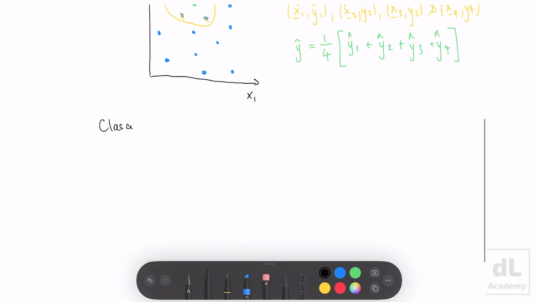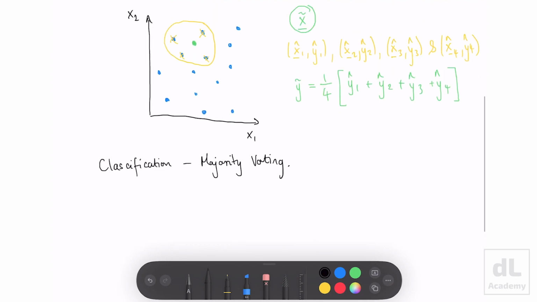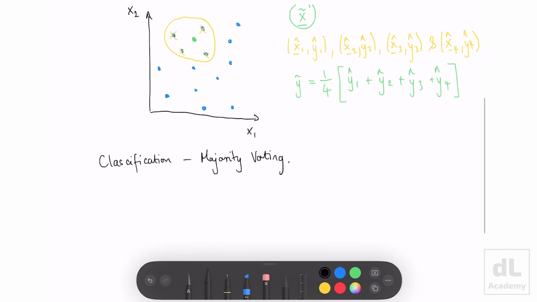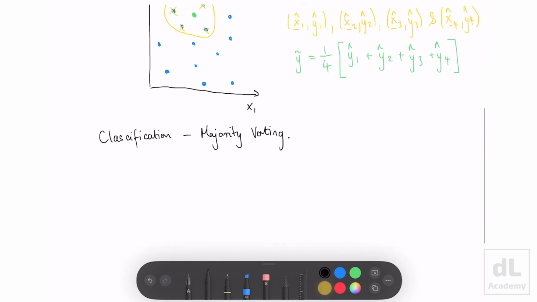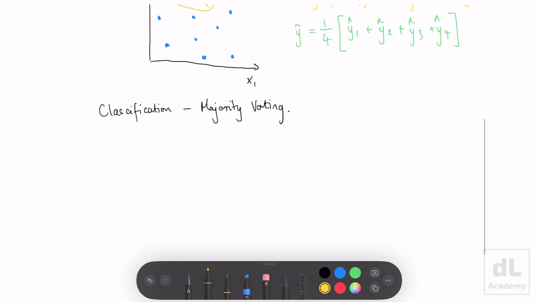So in classification, we don't do averaging, we do something called majority voting. So in our context, we would have our 4 points in the neighbourhood of our new point, and say one gave us true, which I'm going to call T, F, and that's to save me writing it out.